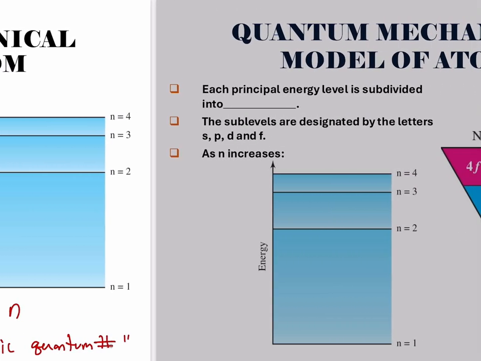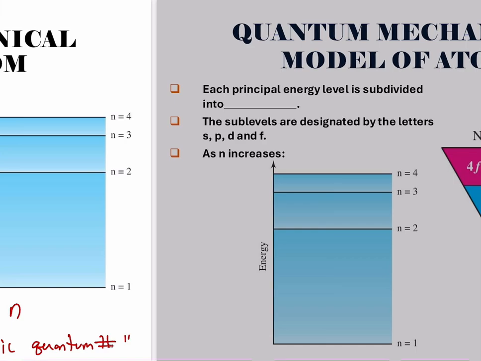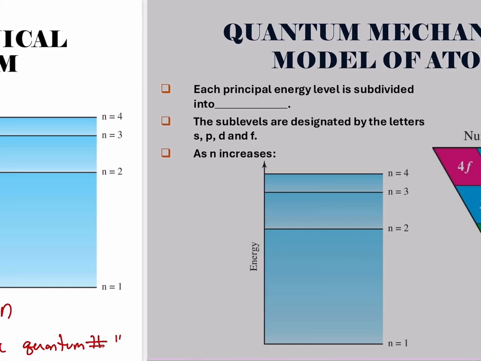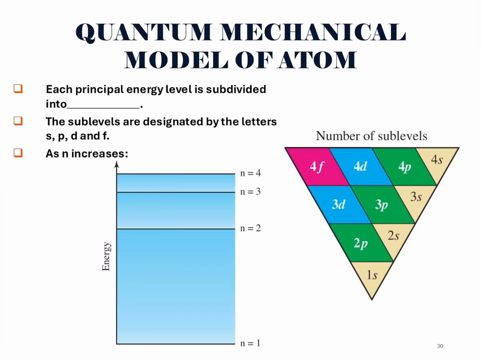And so within, right, this is just accounting for the charge on the nucleus. Then you look at other things like, okay, well, it has some momentum that's associated with it, you have all these other things. And so these energy levels are then subdivided into sublevels, meaning that within each energy level, you have multiple energy levels.